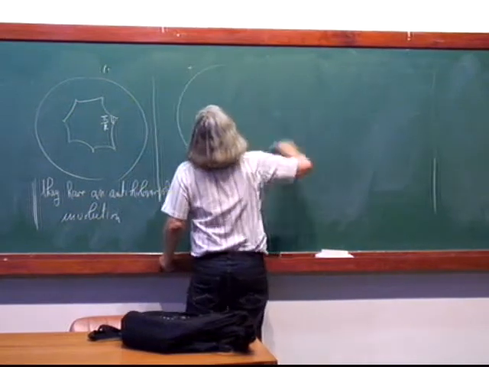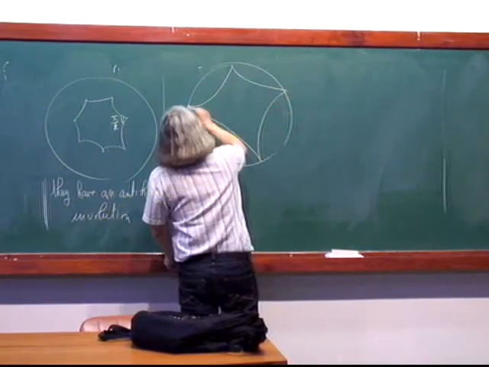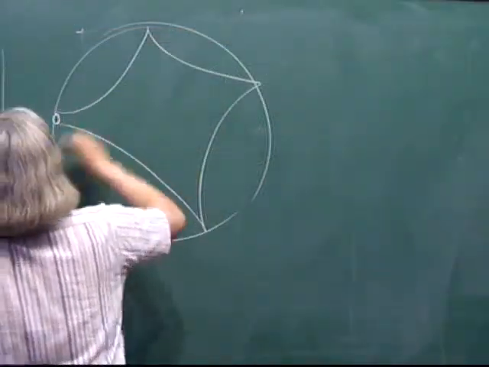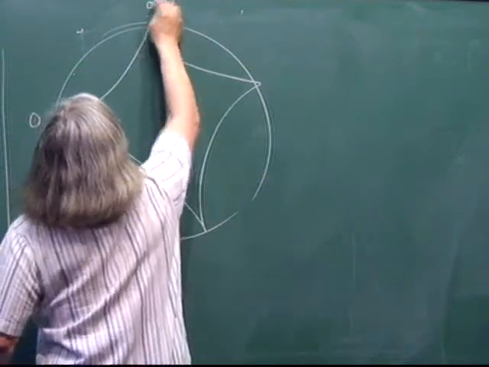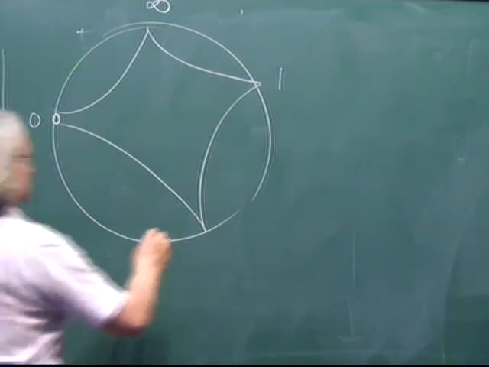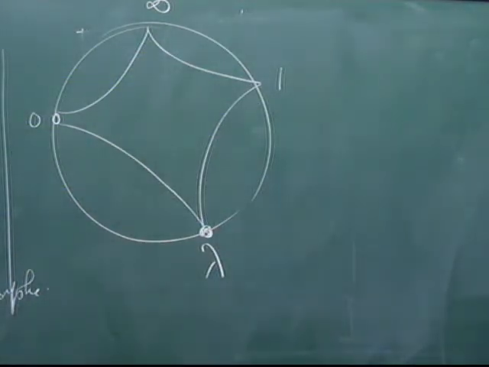Now, for 4 points, we take 0, infinity, 1. And here we have a free parameter, x. Let me call it lambda, it's better. Or to be consistent, let me call it a.